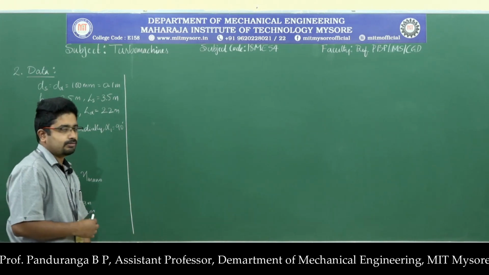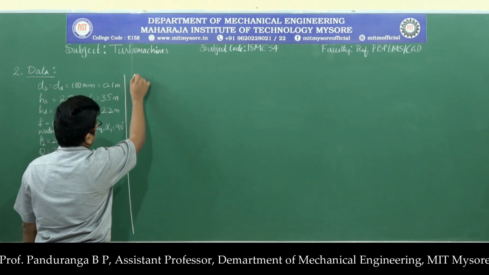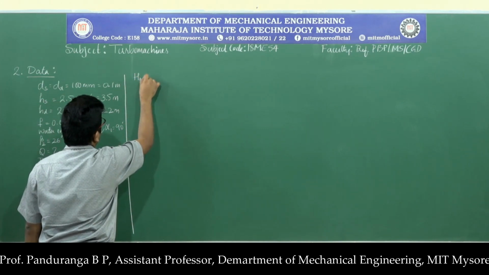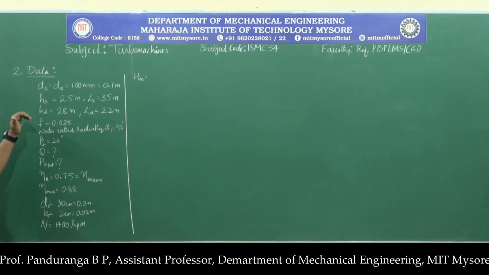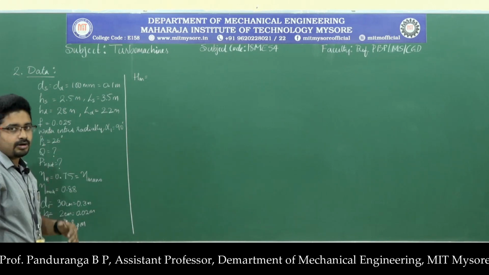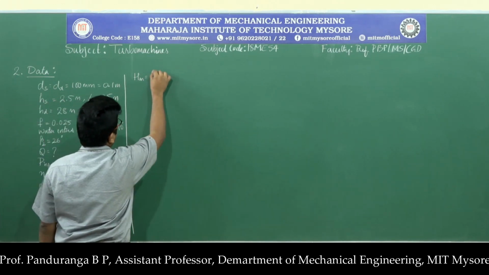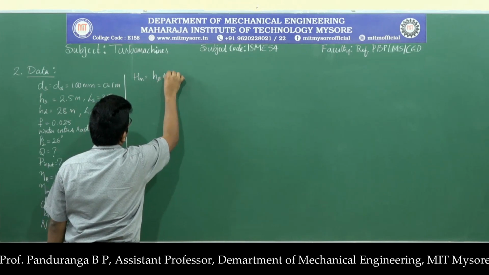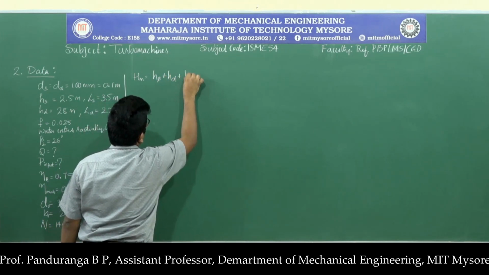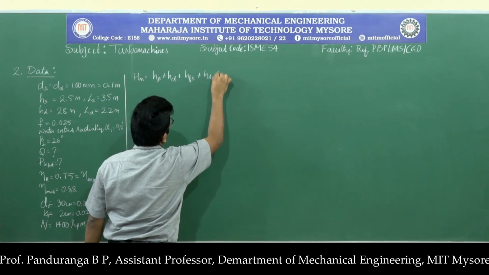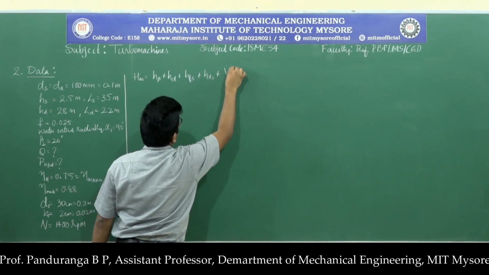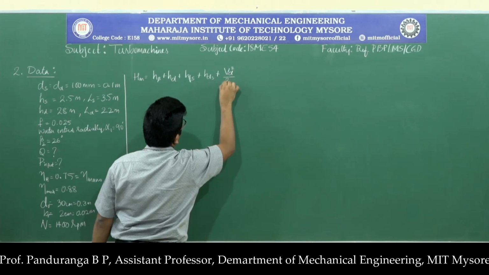First we need to find out the manometric head, and we know that for a pump the manometric head is given by, since here he has given the suction head, delivery head and the friction factor, so we need to consider all those things, and this is given by Hs plus Hd plus Hfs plus Hfd plus Vd square divided by 2g.